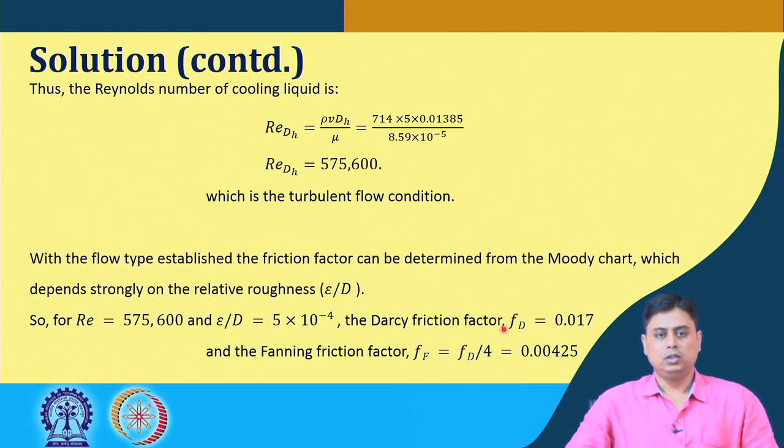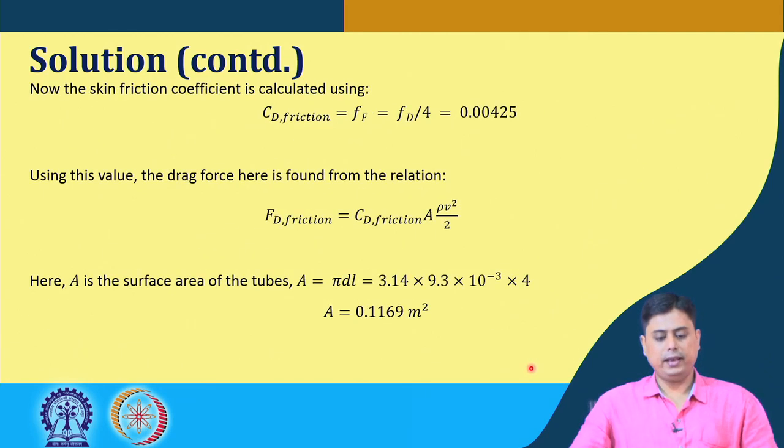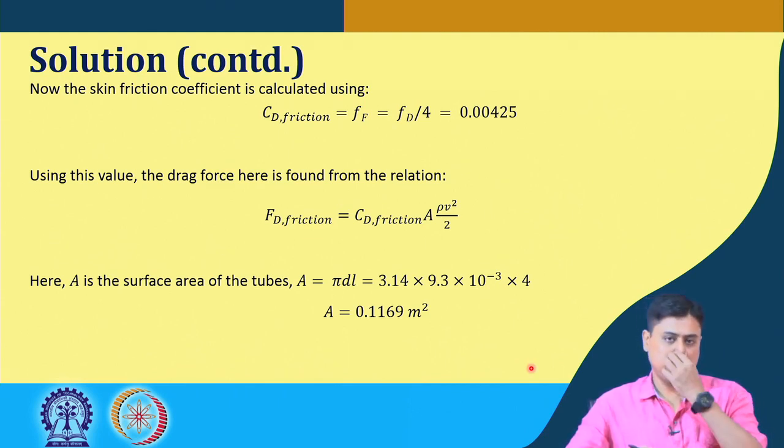The Fanning friction factor is 1/4 of that value, and this Fanning friction factor is basically the drag coefficient of the friction.